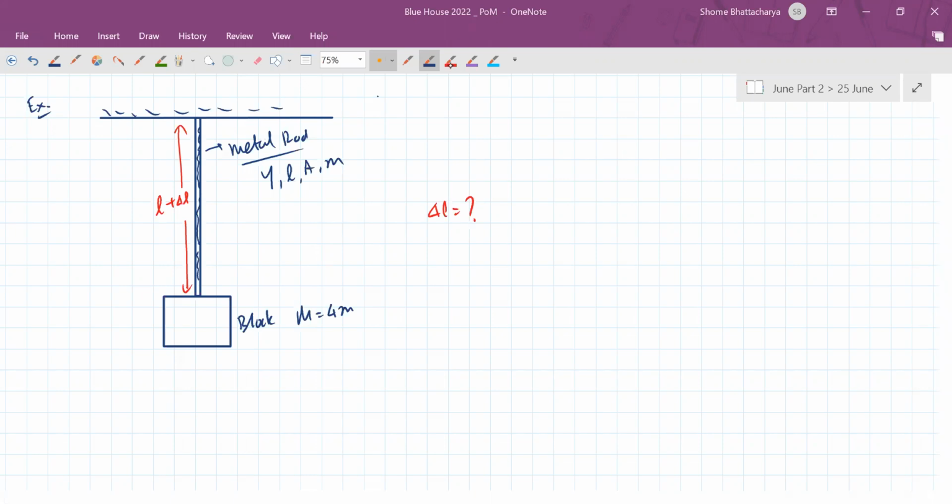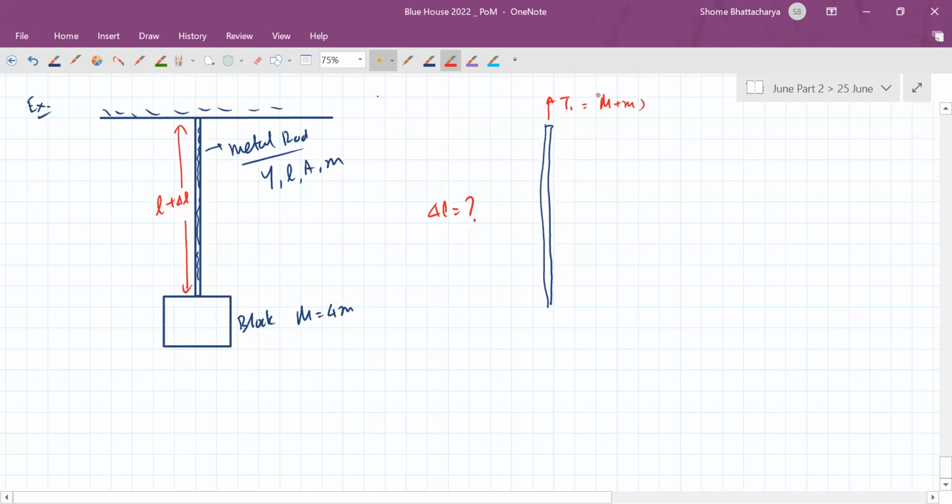Yeah, so here also we can use that trick that if you see the tension at the top over here, it will be the total weight of the system, which is like in this case 5 mg, and the tension at the bottom here, which is just the weight of the block, so it is 4 mg.